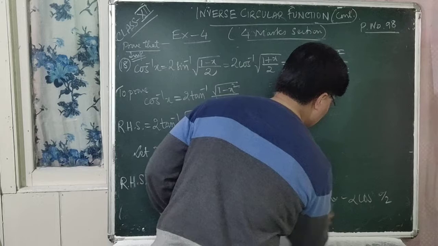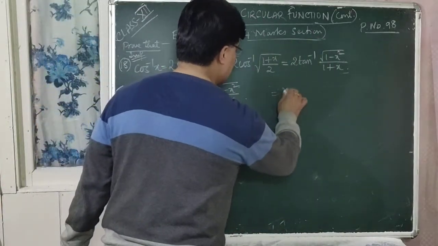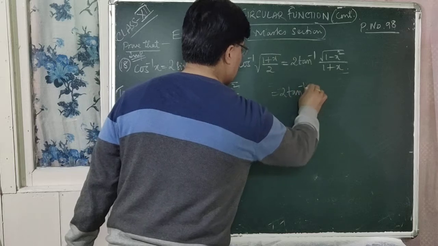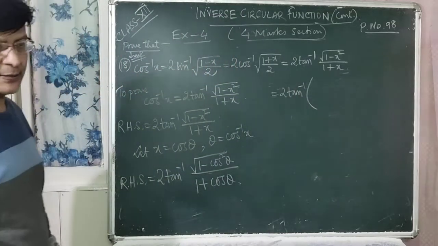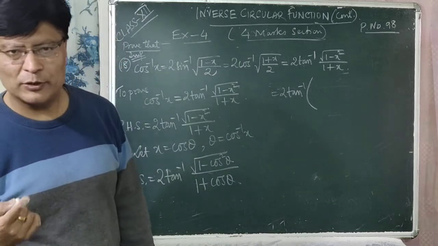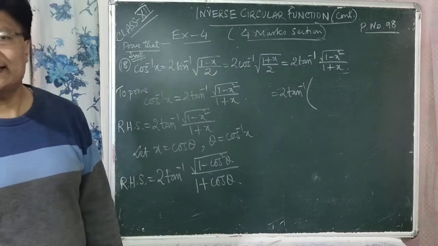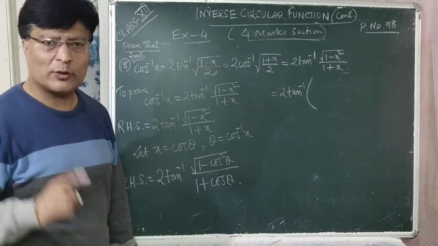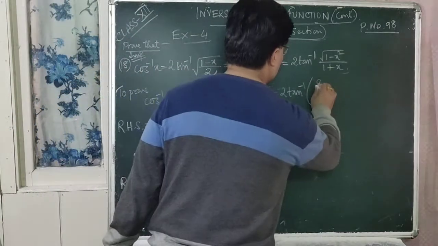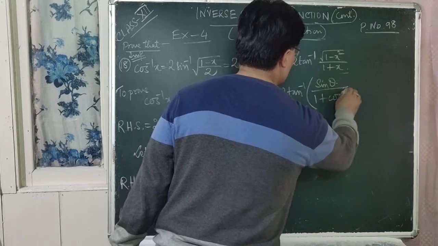So right hand side is equal to 2 tan inverse, let us write it within first bracket. Now what is the formula for root over 1 minus cos square theta? You know from class 10, isn't it? Actually 1 minus cos square theta is sin square theta, and its square root is sin theta. Sin theta divided by 1 plus cos theta.